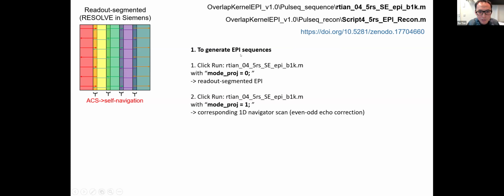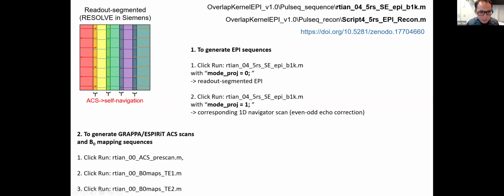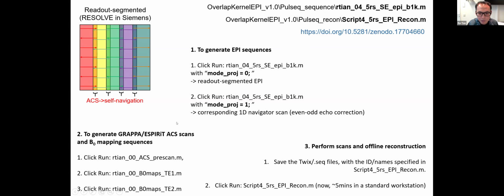First, you need to generate the sequences by clicking run on these Pulseq MATLAB files while setting the variables to be 0 or 1, so that you can get either a readout segmented EPI sequence or a corresponding 1D navigator scan, which we haven't integrated together. And next, you can generate some GRAPPA ACS scans or the B0 mapping sequences for distortion correction on your own, and you can also integrate them on your own afterwards.